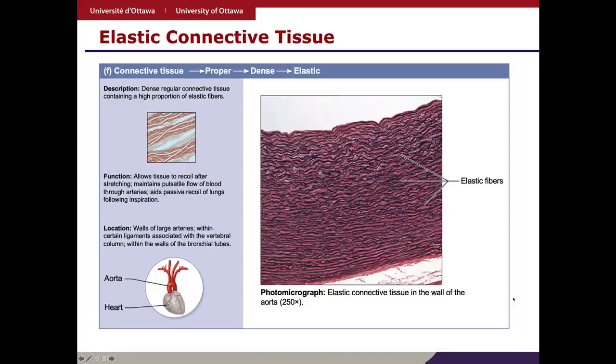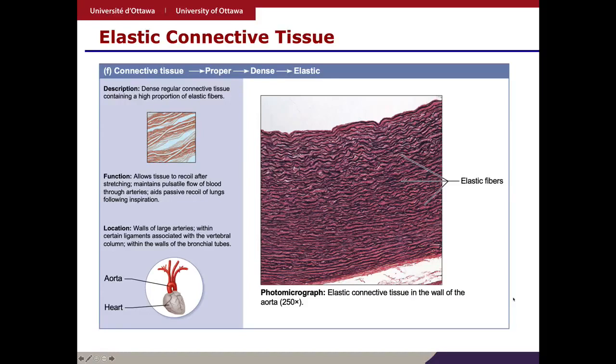Dense, regular, elastic connective tissue is a modified version of dense, regular connective tissue that contains collagen fibers with interwoven elastic fibers. The elastic fibers allow the tissue to return to its original length after stretching.